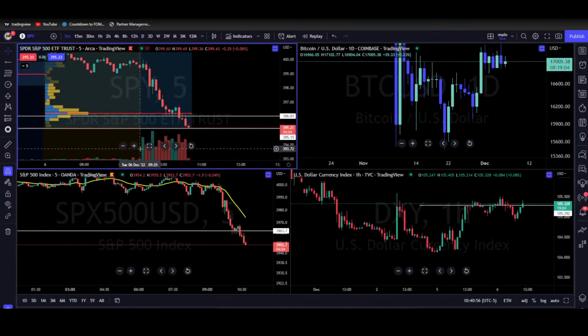We won't know how much volume it is until the day is over. As of right now, there are 17 million shares traded. 17 million shares of the SPY have been traded. 17,200,000.